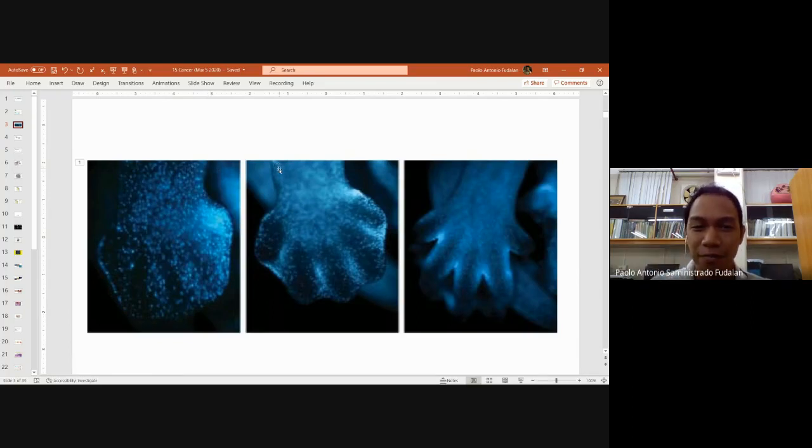But in the middle, you can see that certain portions of the bud are spreading out and you can already see the outline of the fingers. But in between the fingers, we have the webs, so webbed fingers. Eventually, the webs disappear, and you can see in the last picture that the fingers are completely separated from each other now.